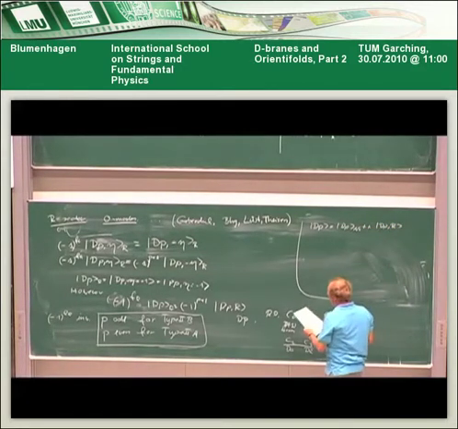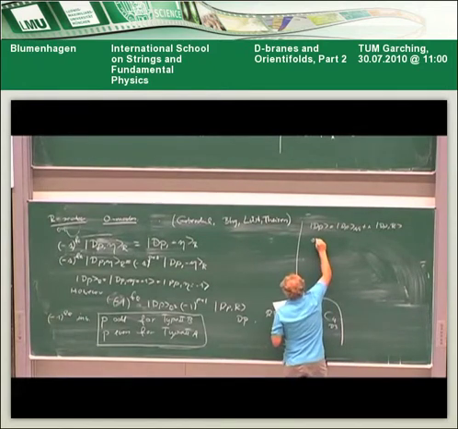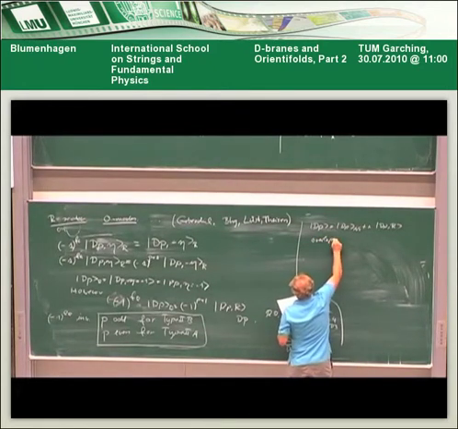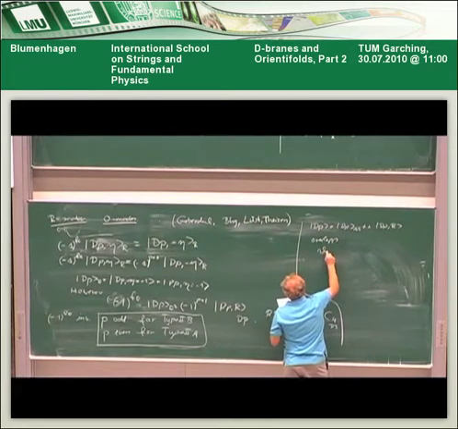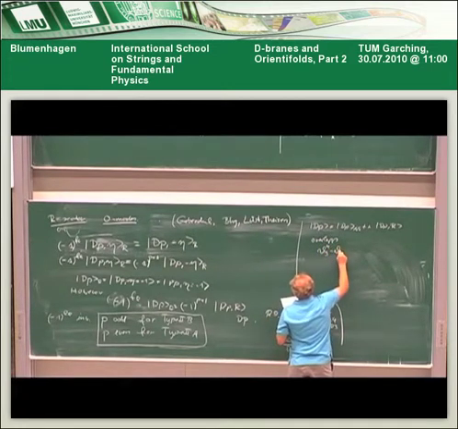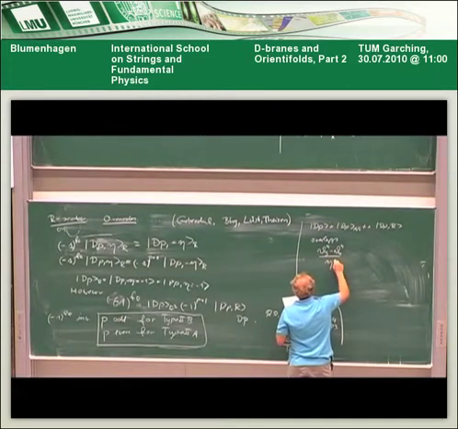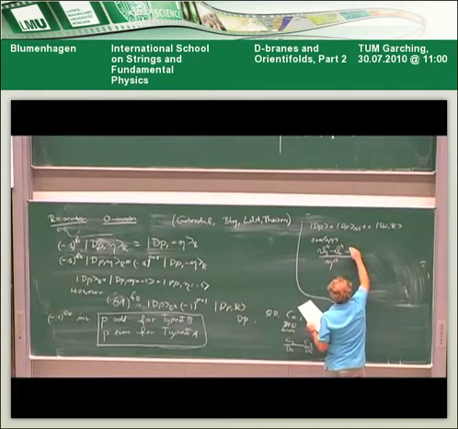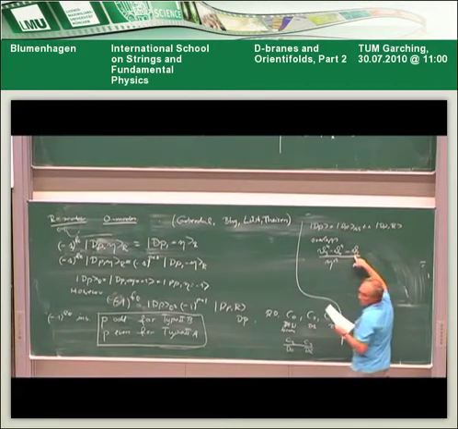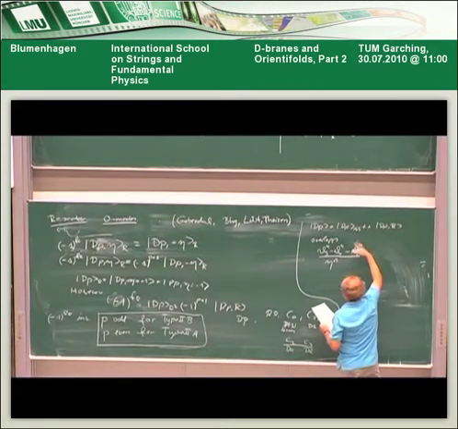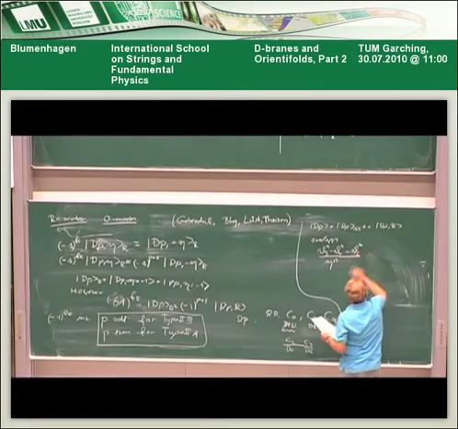If you add these two and compute the overlap, you get θ3^4 minus θ4^4. This is from the NS sector. And from the Ramond sector, we get this θ function θ2 at 0.